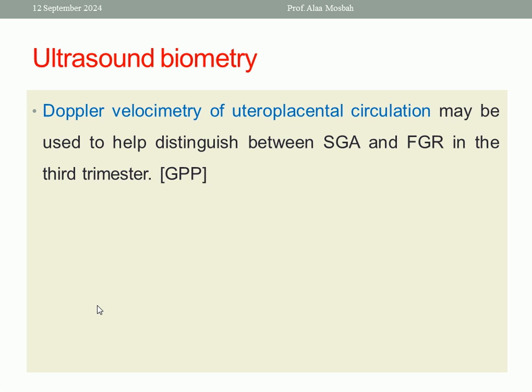Small for gestational age may happen constitutionally or in some families. The baby is healthy but small. So, what is considered a risk factor for perinatal morbidity and mortality is the fetal growth restriction. So I should differentiate between fetal growth restriction and small for gestational age.